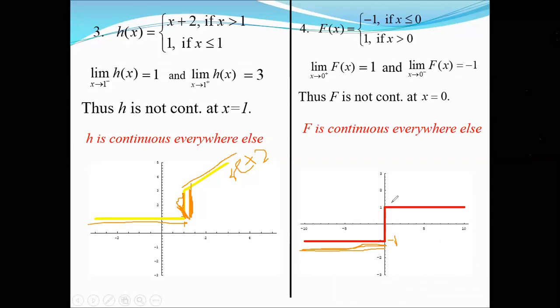And again when x is greater than 0, the value of function is plus 1, so we get this straight line, and the point in between is not defined. That is, from one side it is minus 1, and from the other side it is plus 1. Okay.